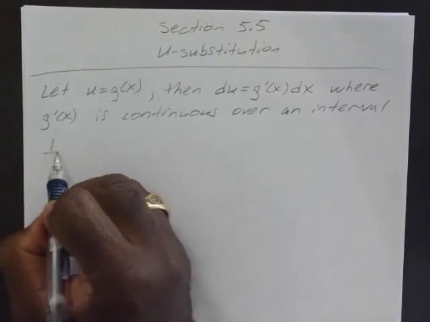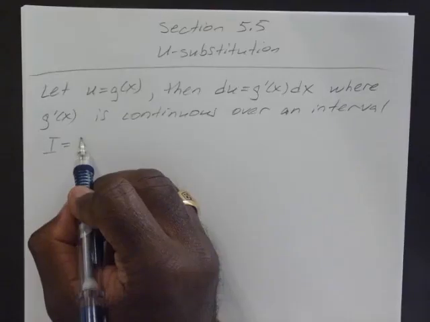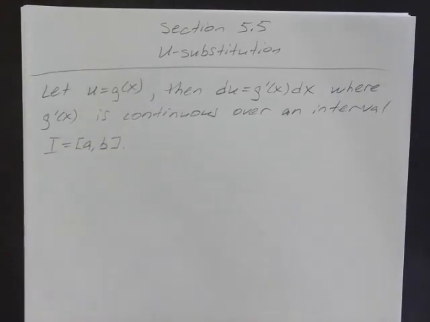Sometimes they'll just say the interval I, but just I is equal a to b. Sometimes they'll just use I by itself. That's all that means.